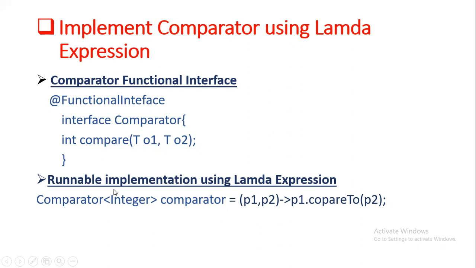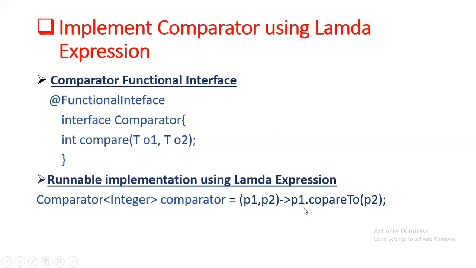But I decided to take the integer type. As per the Lambda expression standard we discussed, providing data types to the parameters is optional, that's why they are not provided. And the return keyword is also optional, that's why the return keyword is not provided.